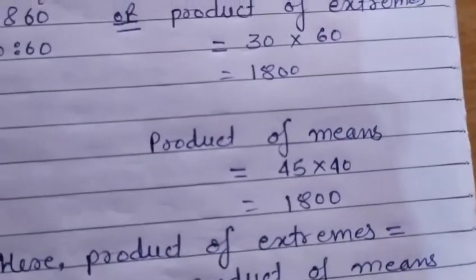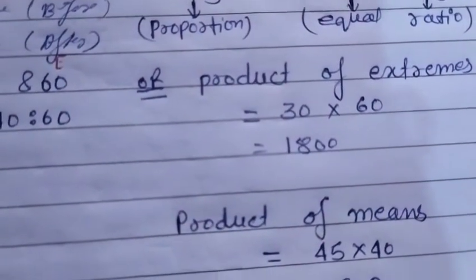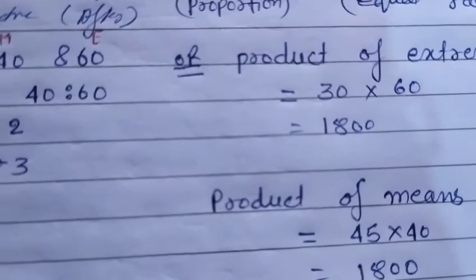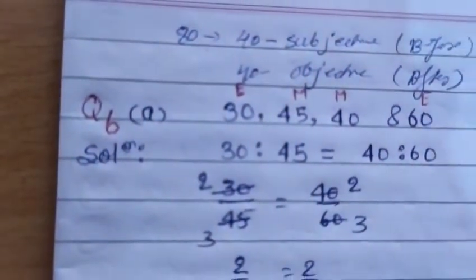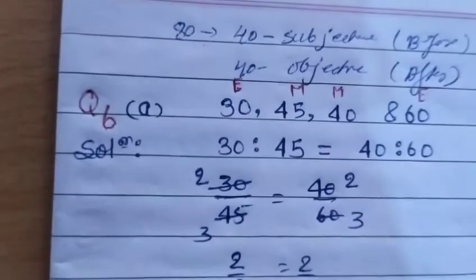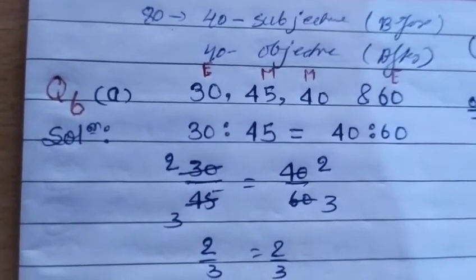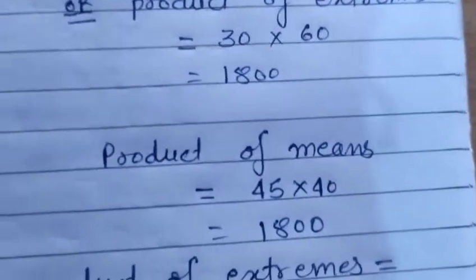So you have to multiply the outer numbers, 30 and 60, the extremes, and 40 and 45 are the means.